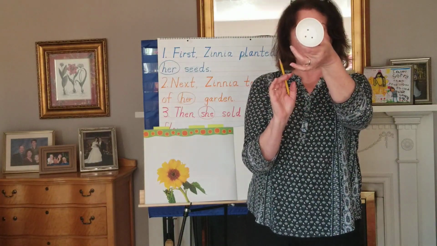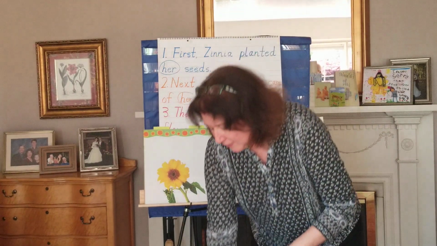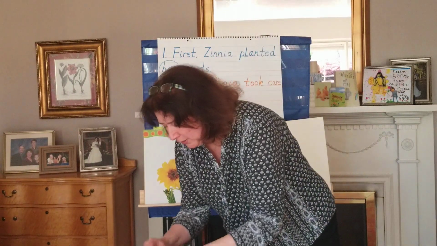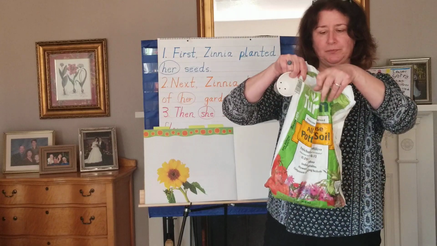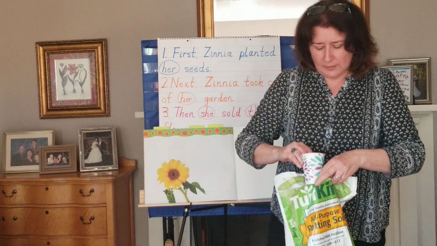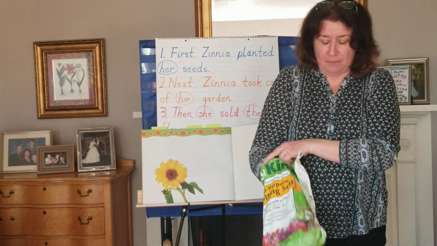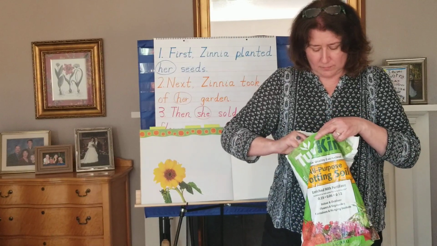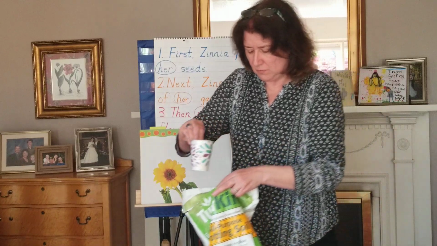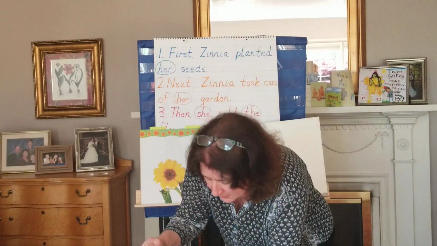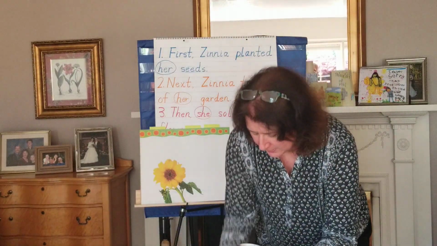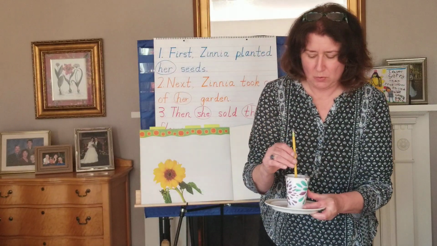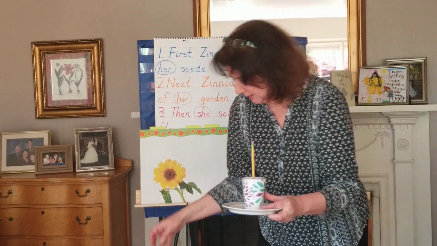That's so the water can run out. And then I have some potting soil here. And I'm going to fill up my cup with the potting soil. And then I'm going to poke some holes in. I just like to put the pencil in.